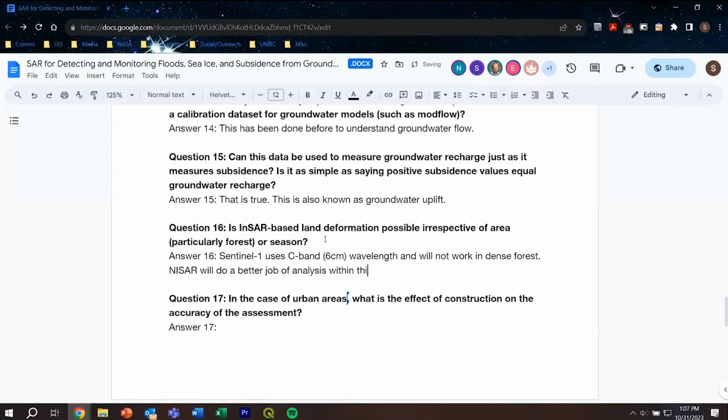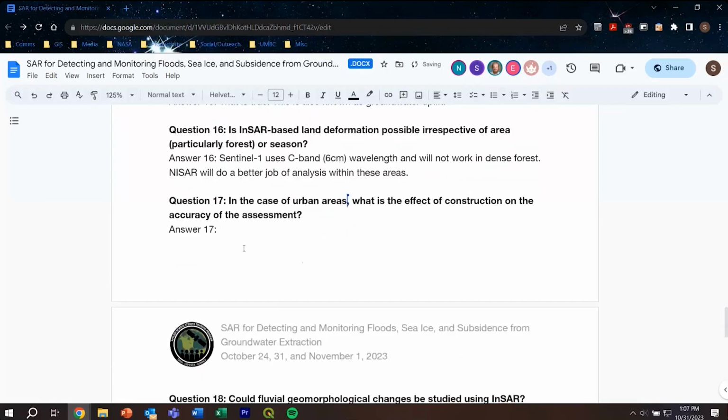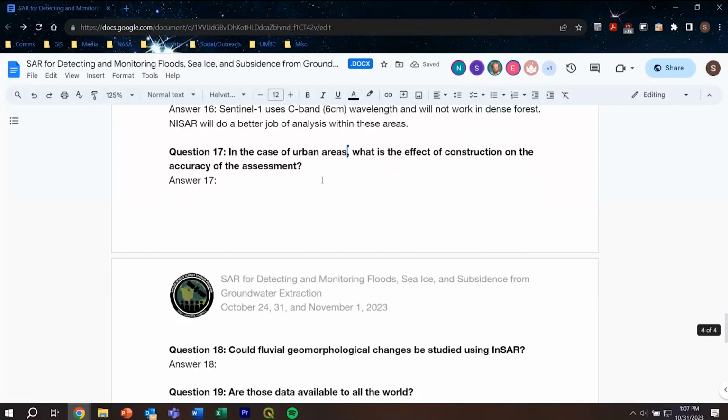Okay, so the next question, number 17. In the case of urban areas, what is the effect of construction on the accuracy of the assessment or the measurement? We can only do the interferometric measurements if the objects on the ground are staying constant.